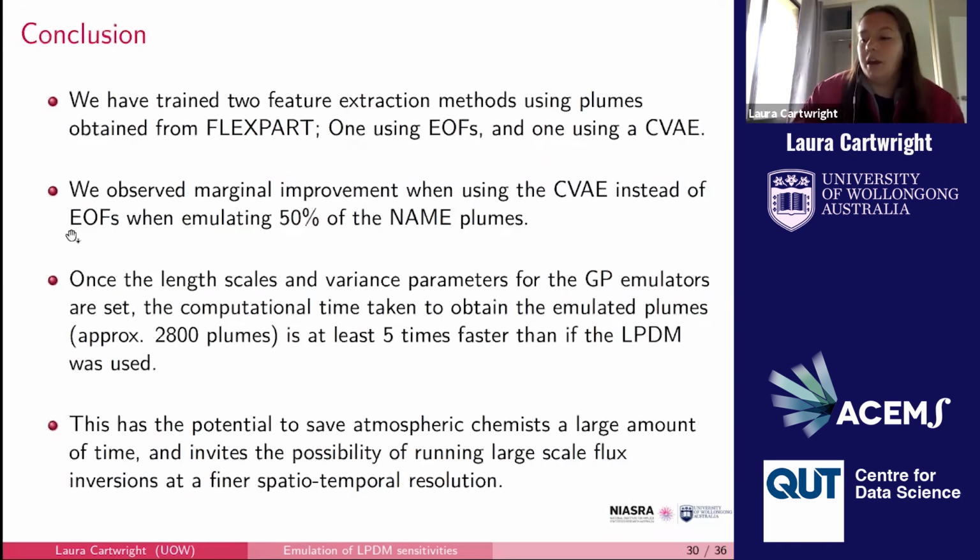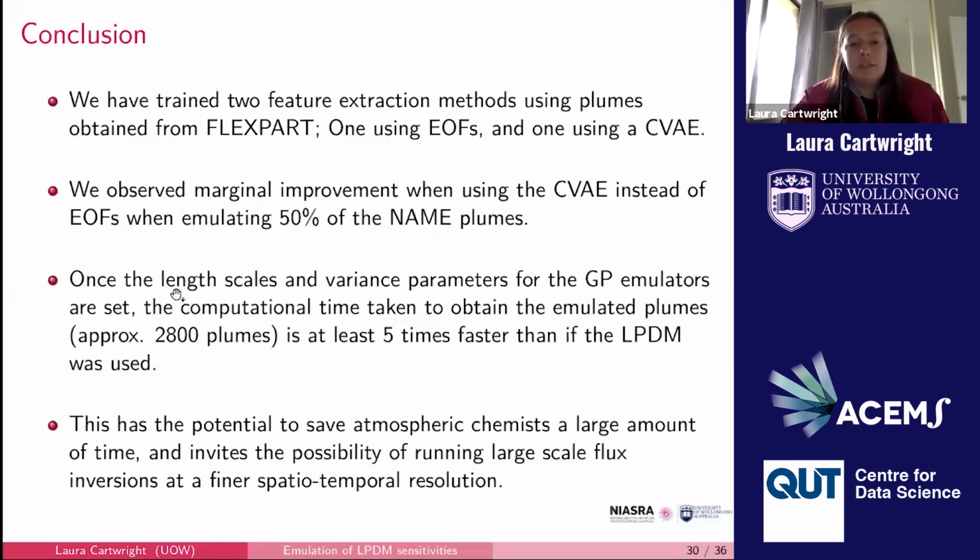Okay, so what have we done? We have trained two feature extraction methods using plumes from FlexPart. One of those was with EOFs and the other one was with our CVAE. And when we used the CVAE, we observed marginal improvement over using the EOFs when we tried to actually emulate some plumes.